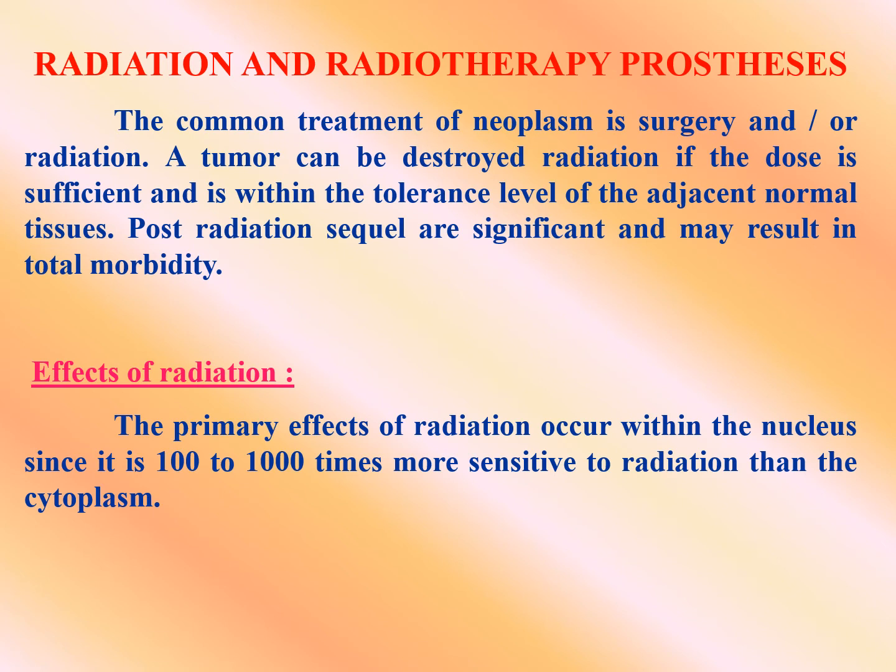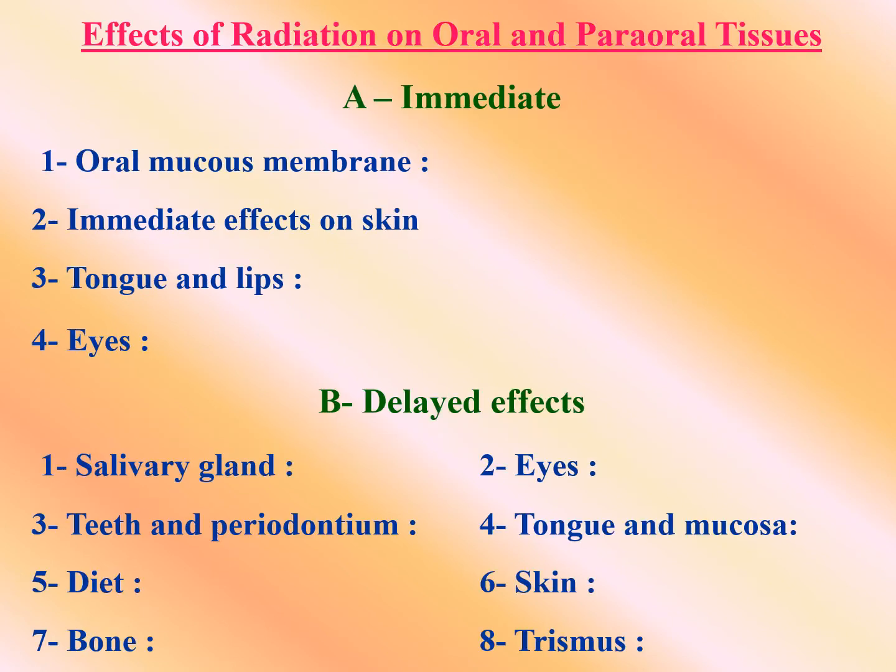Now, the effects of radiation. Primary effects of radiation occur within the nucleus since it is 100 to 1000 times more sensitive to radiation than the cytoplasm. Now, the effects of radiation on oral and paraoral tissues. We have immediate effect and delayed effect.